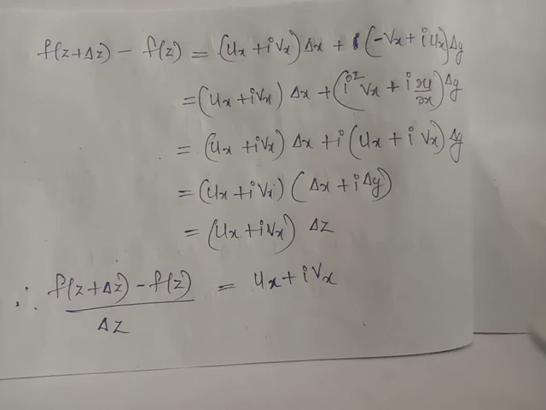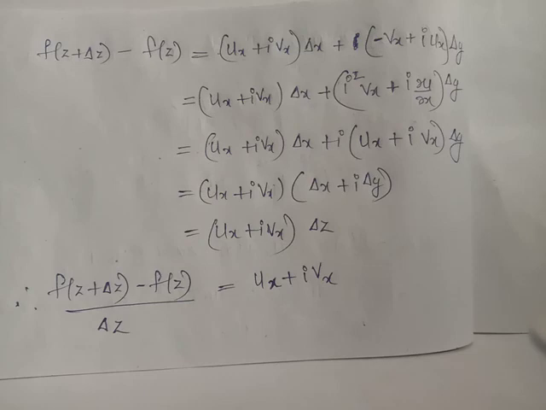We can replace minus 1 by i square. So we have ux plus i vx delta x plus i square vx plus i times dou u by dou x into delta y. We can take i outside as common. Thus we get ux plus i vx into delta x plus i times delta y, because in these two terms we have the common factor ux plus i vx.